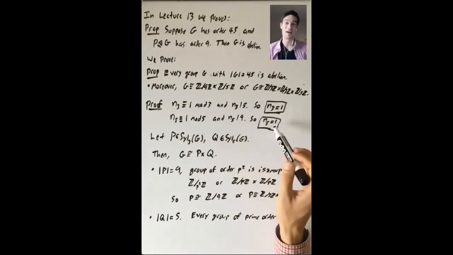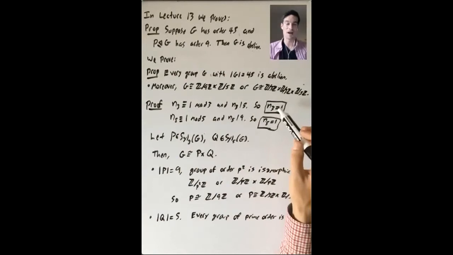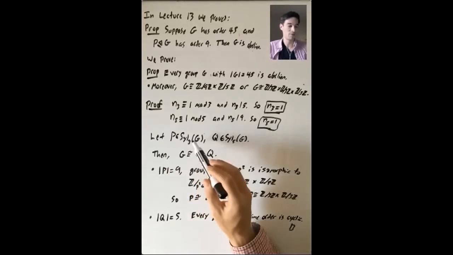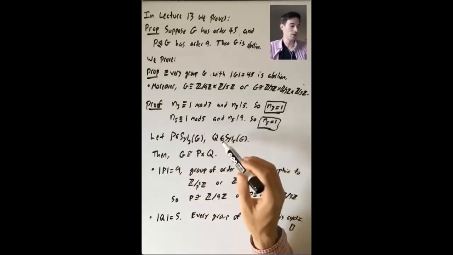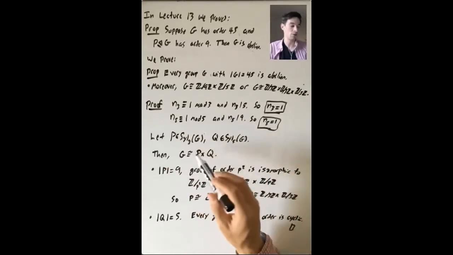There's a unique Sylow 5 subgroup as well. But we saw that in the case that for every prime dividing the order of the group, there's a unique Sylow p subgroup of that order, that means that your group is isomorphic to a direct product of its Sylow p subgroups. So let's name these Sylow p subgroups. Let's say P is the Sylow 3 subgroup, Q is the Sylow 5 subgroup. And this theorem that we proved shows that G is isomorphic to P cross Q.